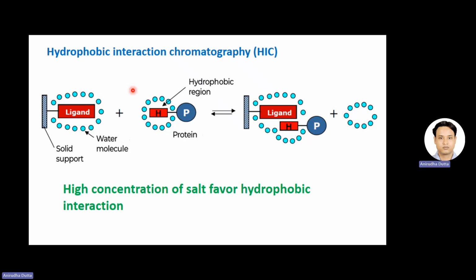So in the presence of a high concentration of salt, if we apply the protein to a hydrophobic column, it will bind to the column based on the extent of hydrophobic patches that the protein has, or surface hydrophobicity. So the protein might get purified based on surface hydrophobicity.